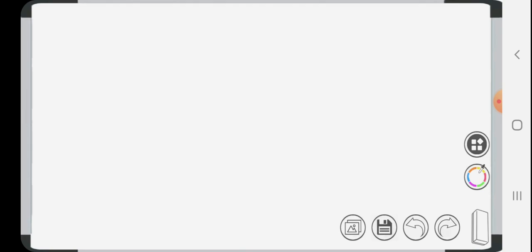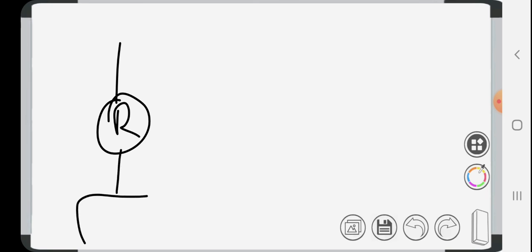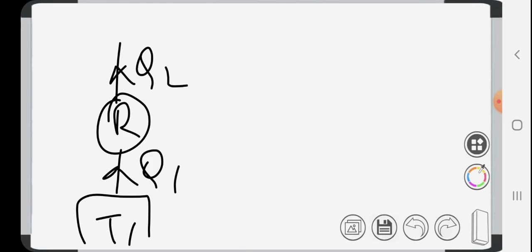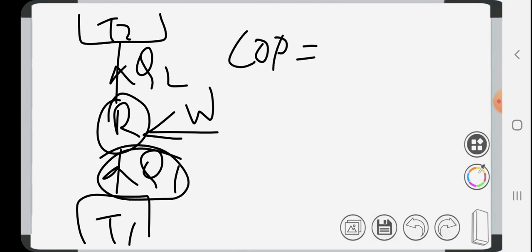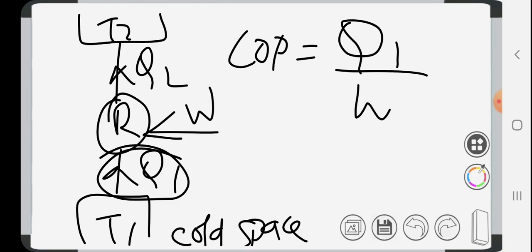So in case of a refrigerator, Q1, Q2, W work added. Here COP will be equal to, what is the desired effect? Desired effect is the amount of heat that is being extracted from the cold space, or the space to be cooled. So that is the desired effect, Q1 by W.